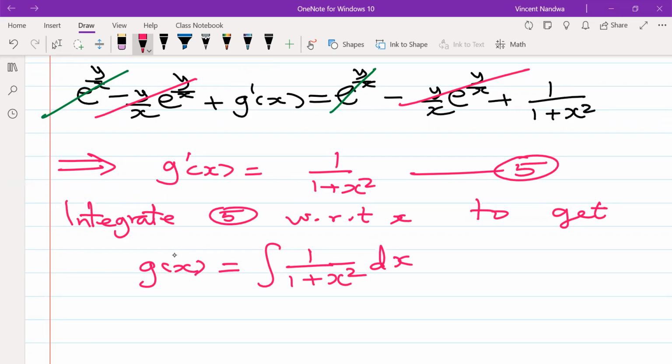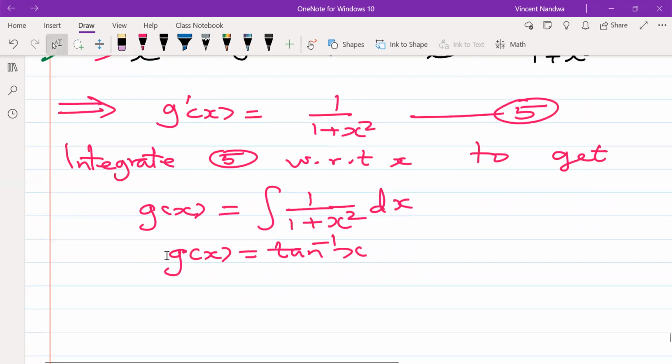Now, this is a standard integral whose value is tan inverse of x, not tan of x. So g of x is the same as tan inverse of x. Remember, you don't have to add a constant of integration to this integral, because at the end of the day, the structure of the solution has a constant of integration.